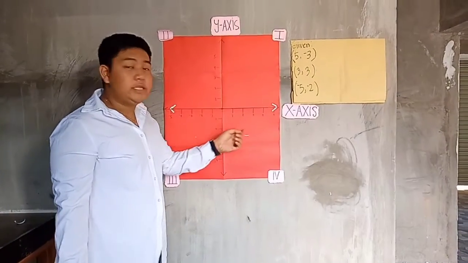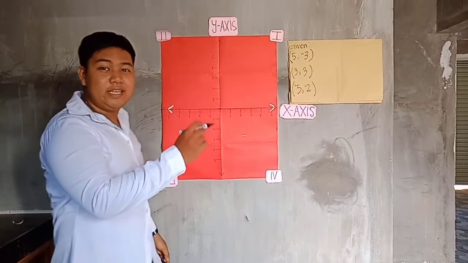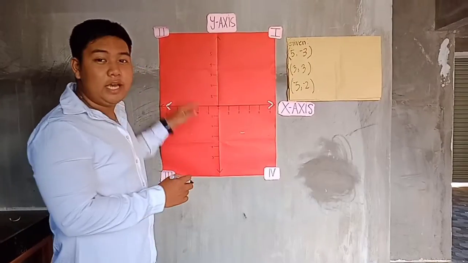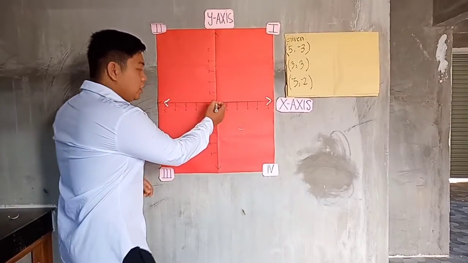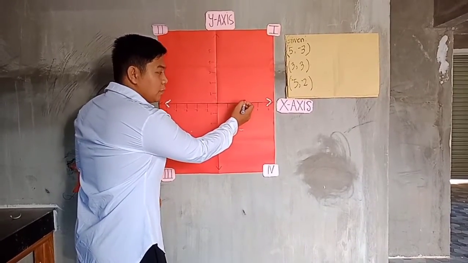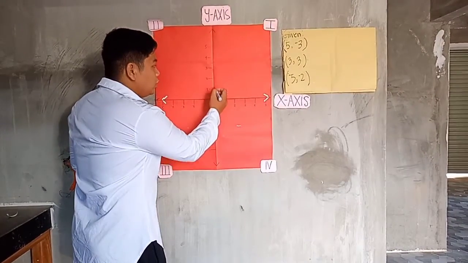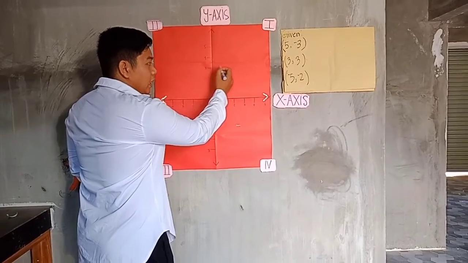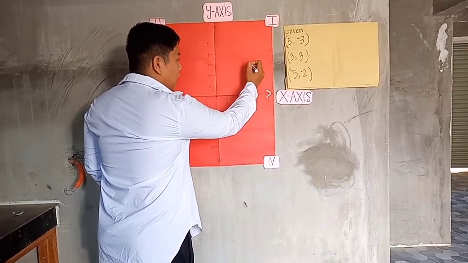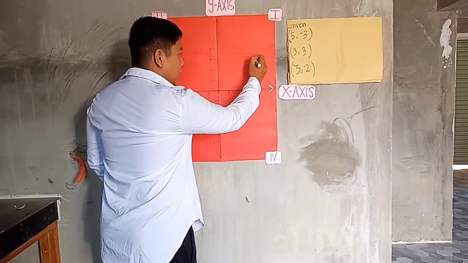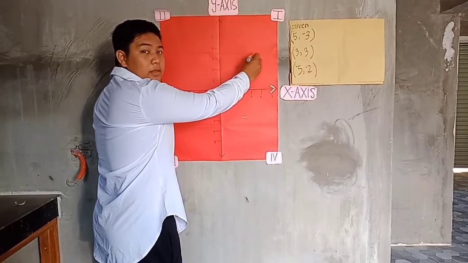Okay, class, our second ordered pair is positive 3 and positive 3. From the origin, we will move 3 units to the right, 3 units upward, and our plot is located in quadrant 1.